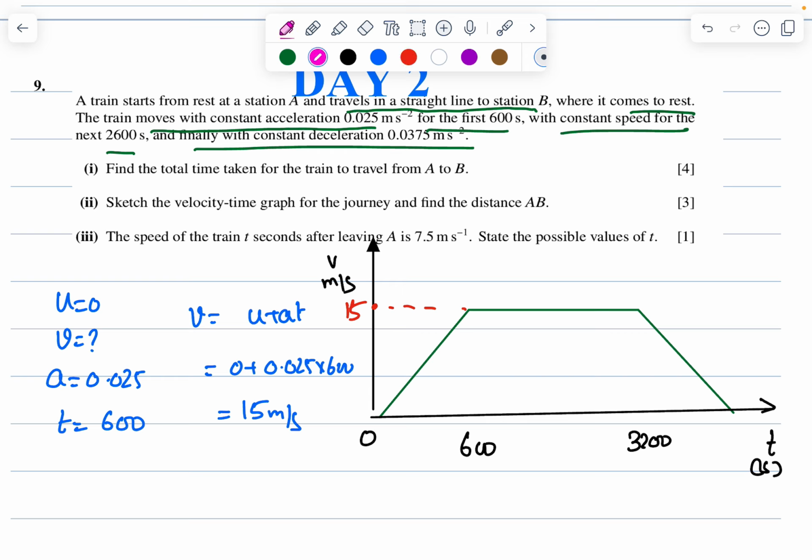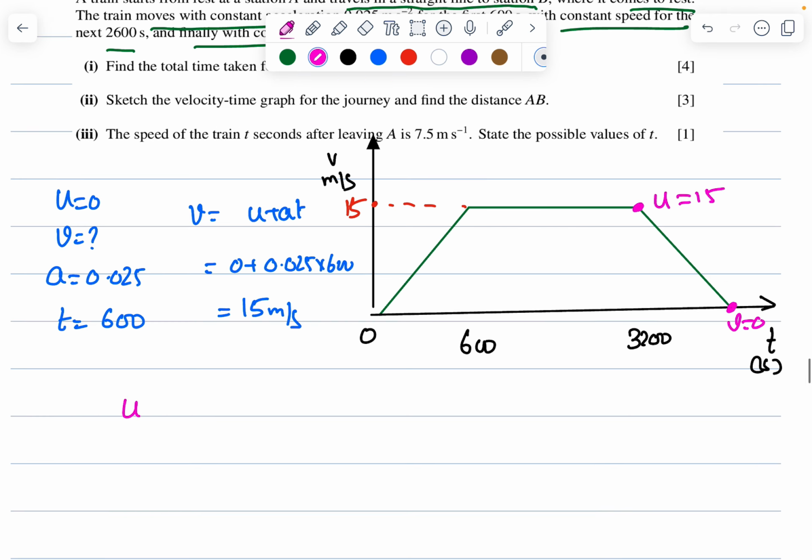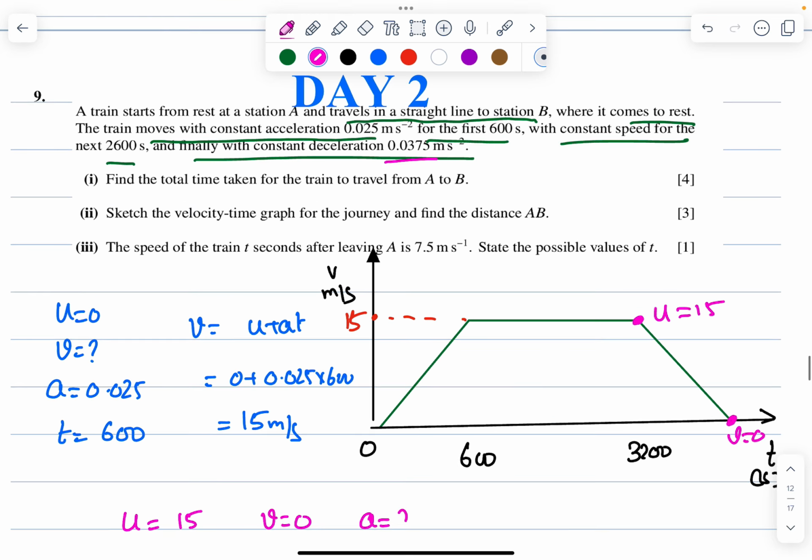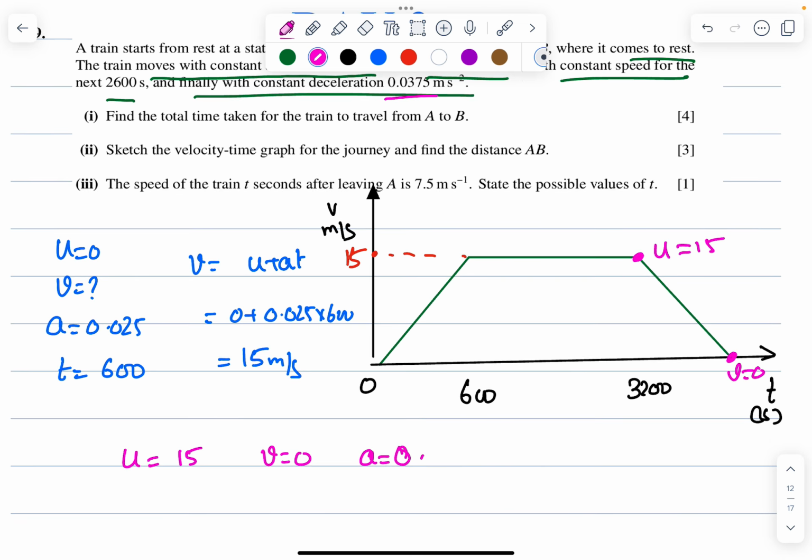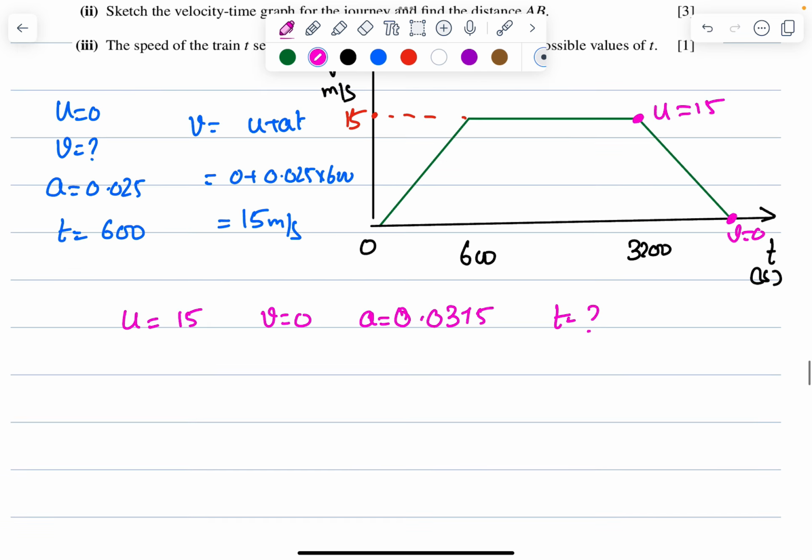Now for the final part, initial velocity is 15 and final velocity is 0. The deceleration we know. How much was the deceleration? 0.0375. So time we don't know, so we can use v equals u plus at. 0 equals 15 minus 0.0375 t. Why is it minus? Because it is deceleration.